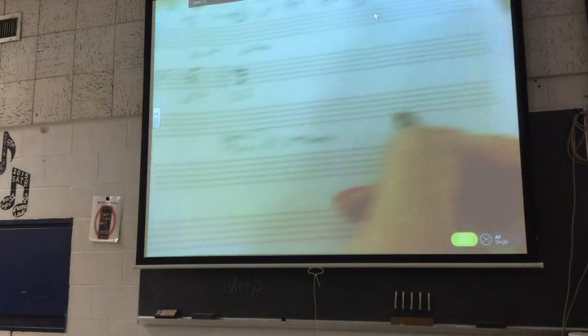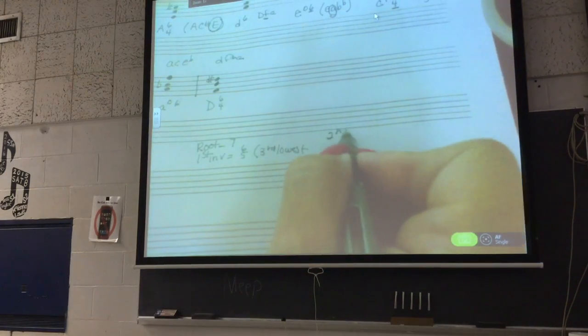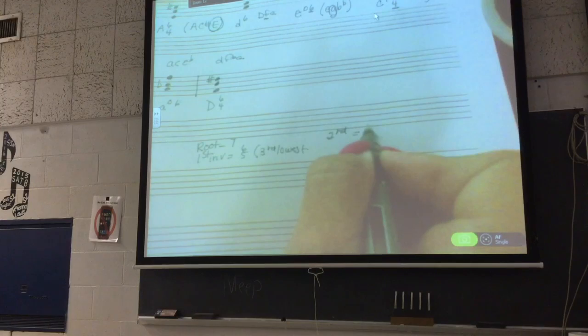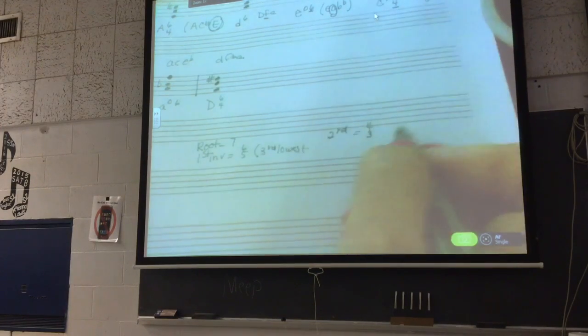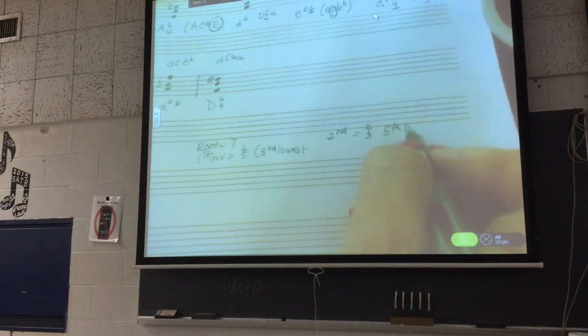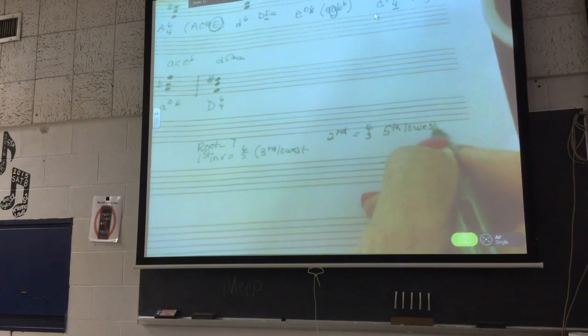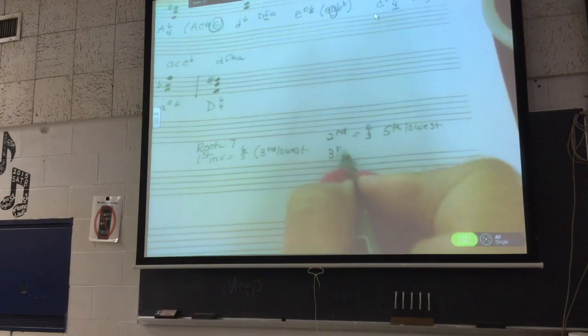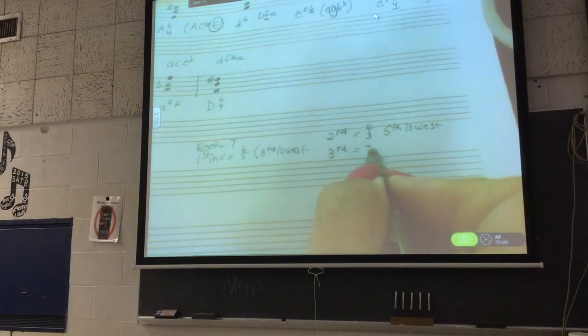If it's in second inversion, I'm going to use a 4/3, and I know that the fifth is the lowest. And then third inversion, which involves the seventh being the lowest, and the symbol is 4/2.